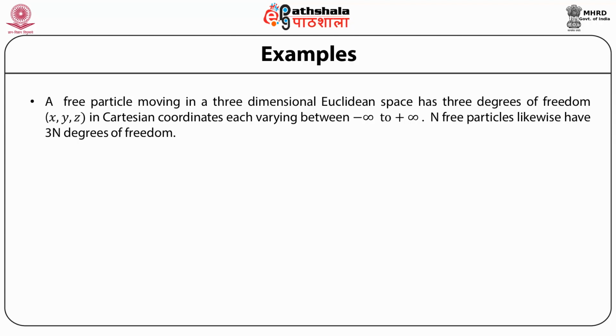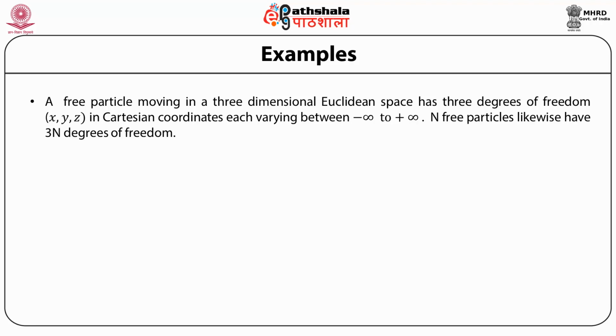Assume a free particle moving in three-dimensional Euclidean space. We know that a particle free to move in three-dimensional Euclidean space has 3 degrees of freedom, x, y, z in Cartesian coordinates, and each of these coordinates can vary from minus infinity to infinity. Therefore, a free particle has 3 degrees of freedom.